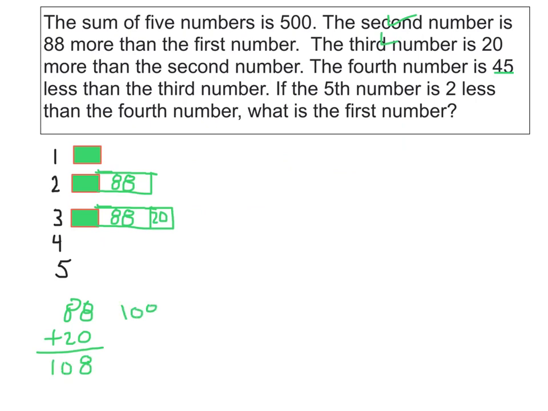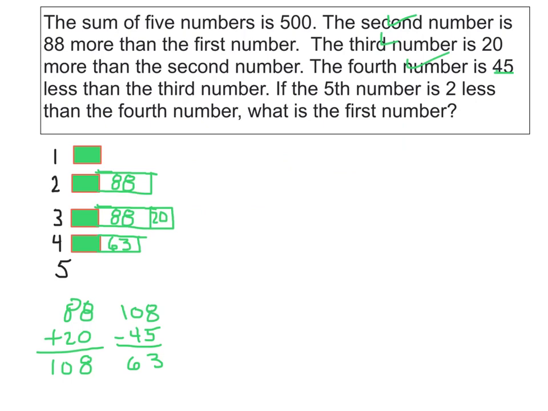And I'm going to go ahead and take away that 45. 108 minus 45 gives me 63. So the fourth number is actually 63 more than the box. So I'm giving 4 the box, and then it's only 63 more than the box. So that takes care of the fourth number.